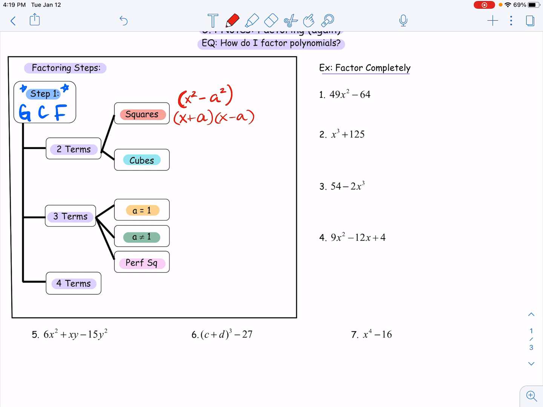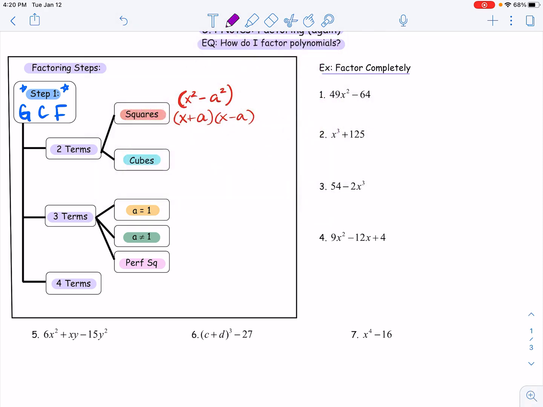An example of that, if you look over to the right-hand side, is 49x squared minus 64. 49x squared is a perfect square, and so is 64. First thing I would want to do, just to remind you, is look for a GCF. There is no GCF. Then I say, oh, there are 2 terms, and both of them are perfect squares.